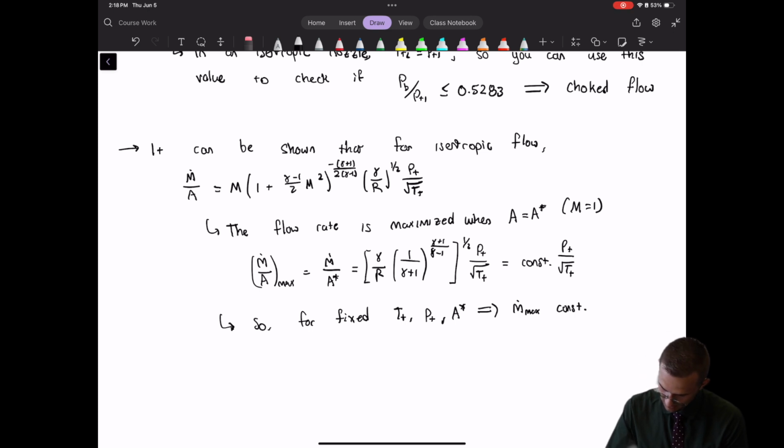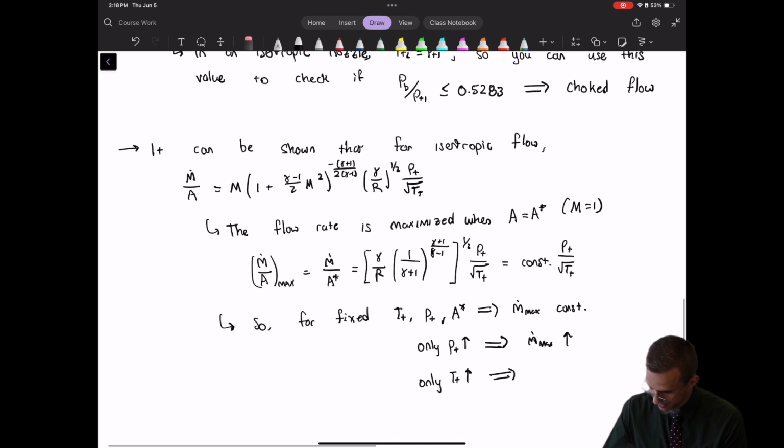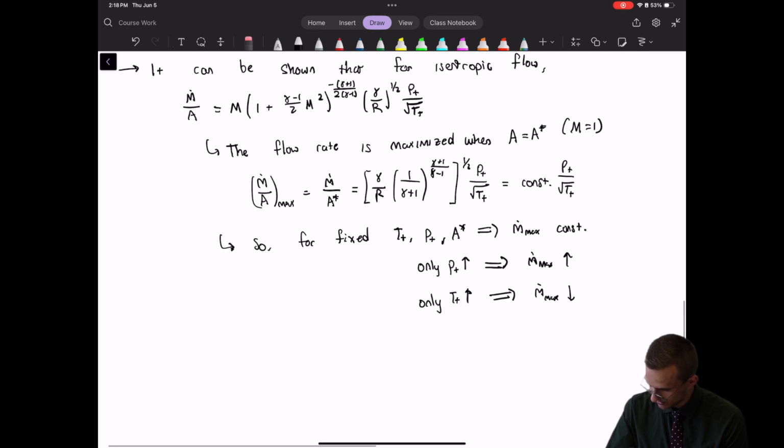If only the stagnation pressure goes up, that tells us our maximum mass flow rate goes up. If only the stagnation temperature goes up, the maximum mass flow rate goes down. And if only the sonic area goes up, that corresponds to the maximum mass flow rate going up.